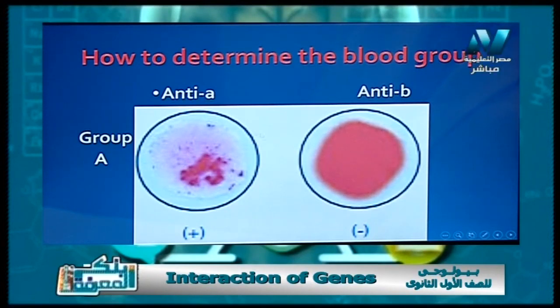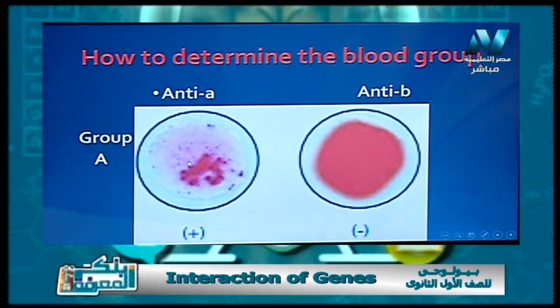As you see in this picture, we put anti-A on the first drop, and as you see, there is a chemical reaction. So the blood is group A, because at the same time when we added the serum containing antibodies on the second drop, there is no agglutination. So this is blood group A.